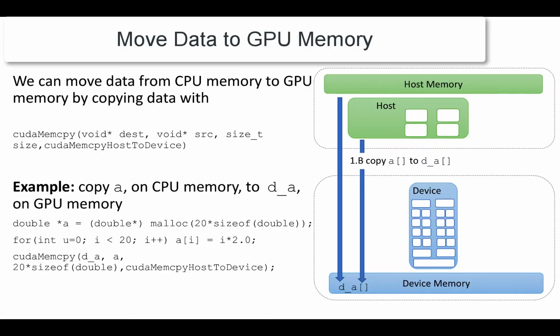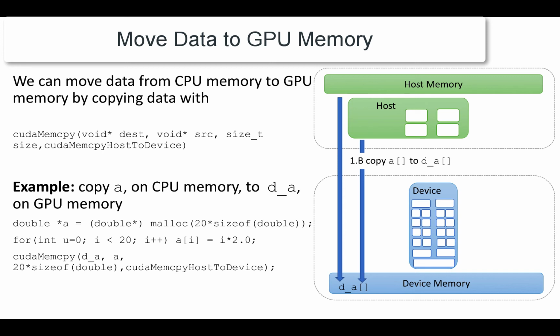When we talk about moving data from CPU to GPU, we are actually talking more about copying from CPU to GPU. To copy data from the CPU memory to the GPU memory, we use the CUDA memcopy function. The first argument of the CUDA memcopy is a pointer to the destination memory. The second argument is a pointer to the source memory. Then we have the size, again in bytes.